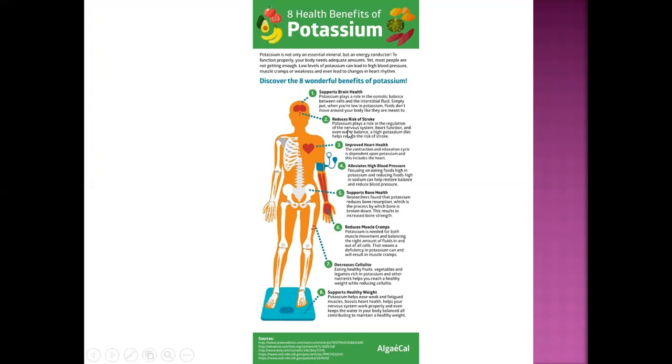It reduces the risk of stroke. Potassium plays a role in the regulation of the nervous system, heart function, and even water balance. A high potassium diet helps to reduce the risk of stroke.